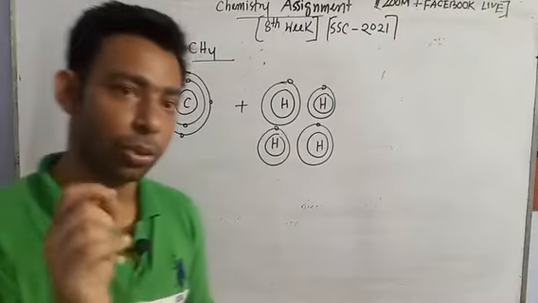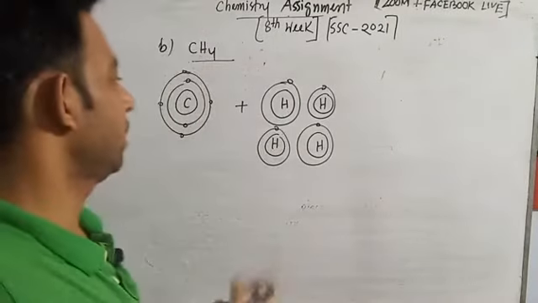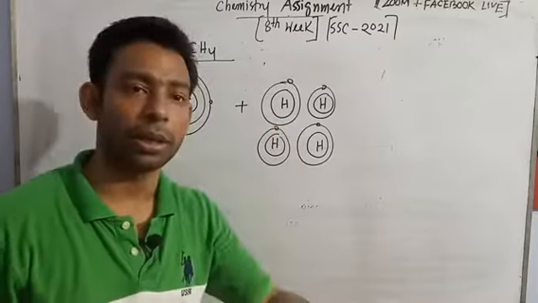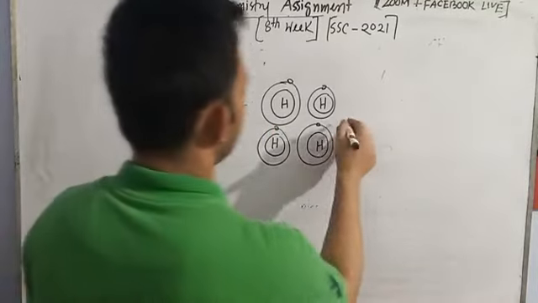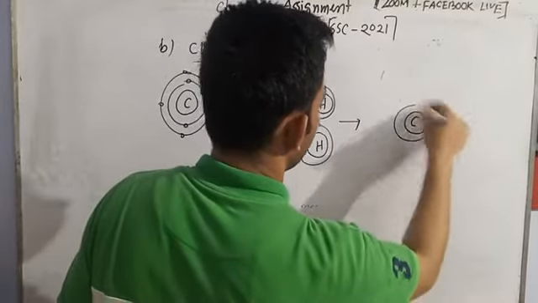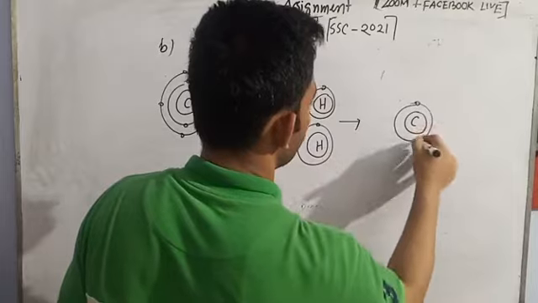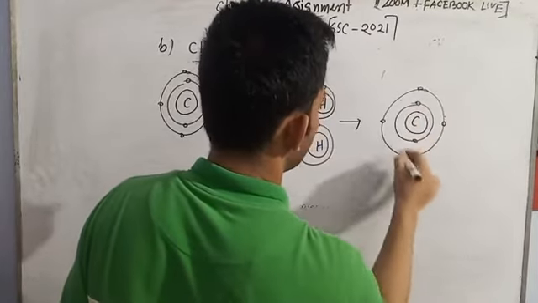The question clearly says to show the diagram accordingly. Everyone explains, but with no diagram it is impossible to give the proper solution. Next, this is the carbon with 2 electrons and the 4 electrons in its outer shell.